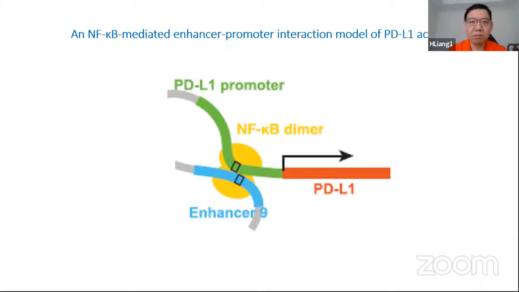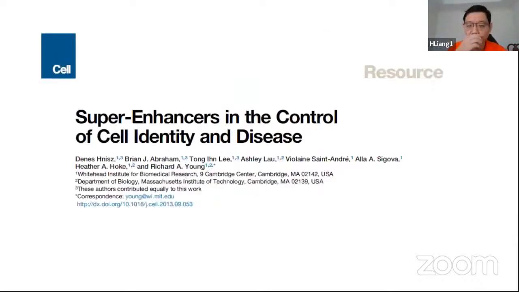But then there's a problem when we came to the super enhancer region. Because you know, when Richard Young first introduced the concept of super enhancer region, it has now been recognized that super enhancer regions play an important role in disease development, including many cancer types.